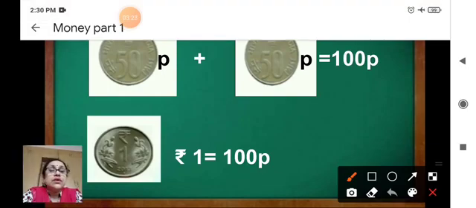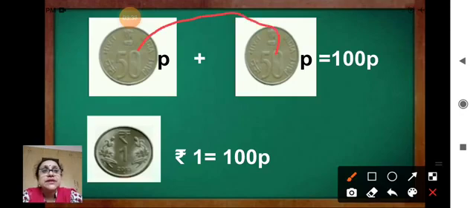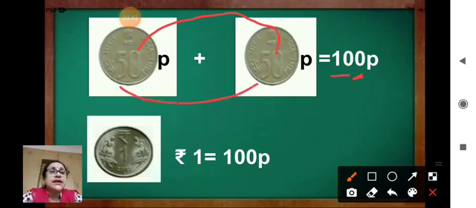Now 50 paise plus 50 paise. As you know, if you add 50 paise plus 50 paise, 0 plus 0, you will write 0. And then 5 plus 5 is 10.